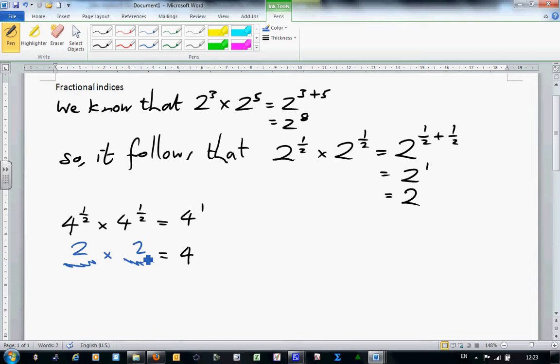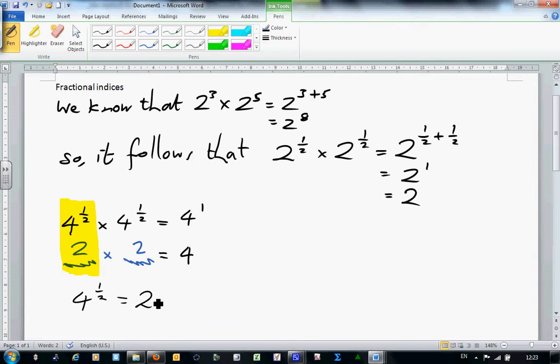Now compare this in yellow. Compare the two pieces there. What can we say? We can say that 4 to the power of a half must be the same as 2. Okay, that makes sense.